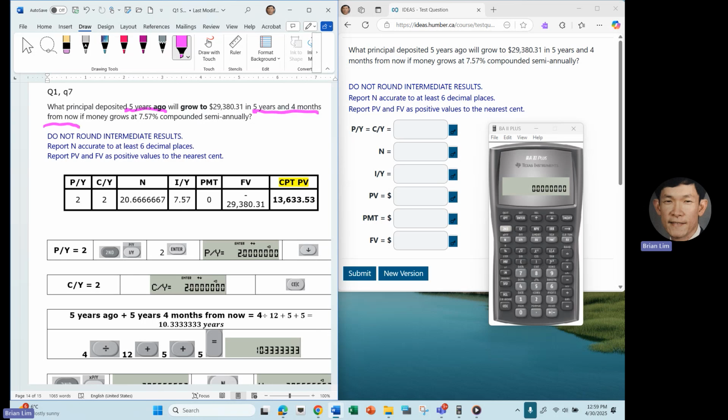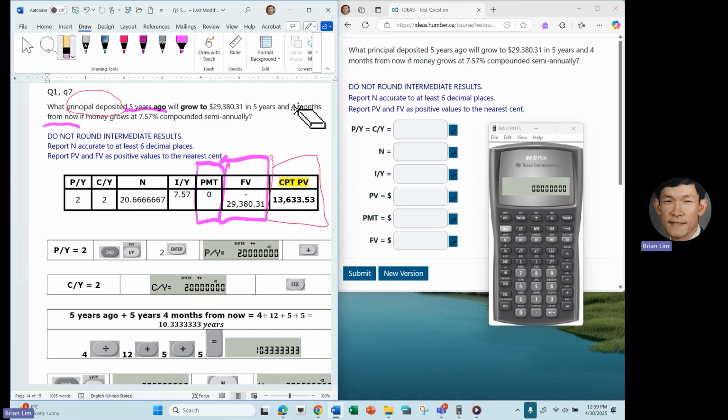So what we are looking for, the principal deposited, will indeed be the computation of the present value. Now, the money is growing to this amount, so that is the future value. Payment is 0 because there are no periodic payments, it's just one deposit.